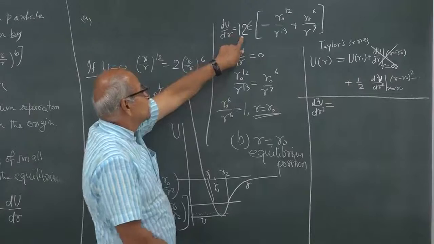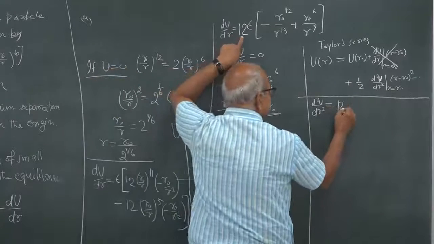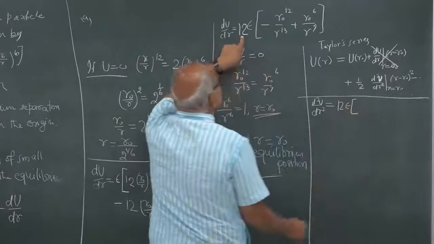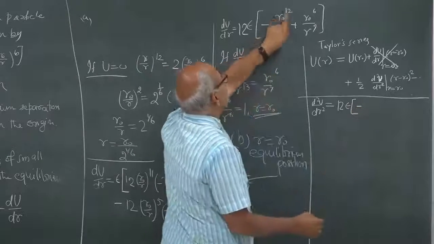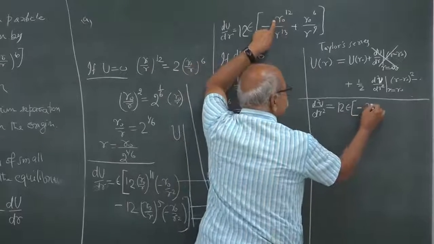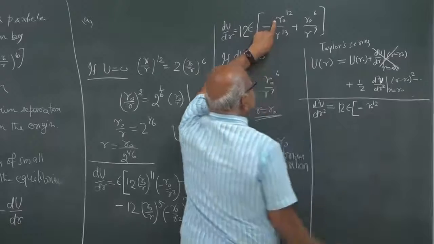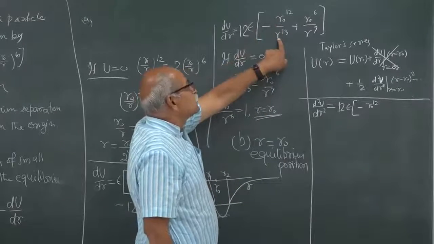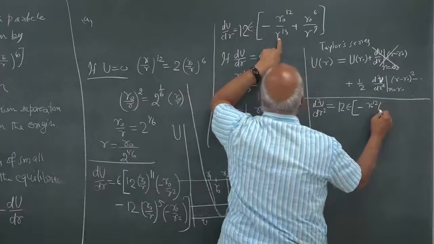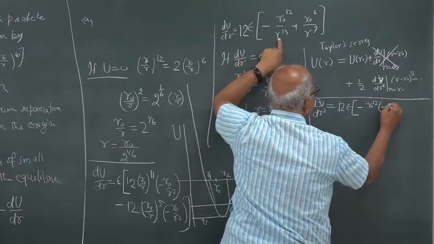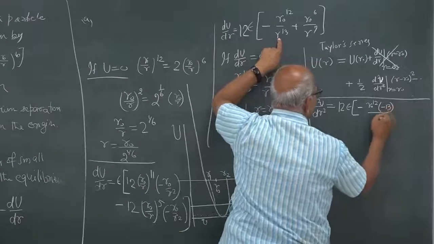equal to 12 epsilon minus r naught to the power 12, and then you have to differentiate r to the power minus 13. So, minus 13 here and then r to the power minus 14.